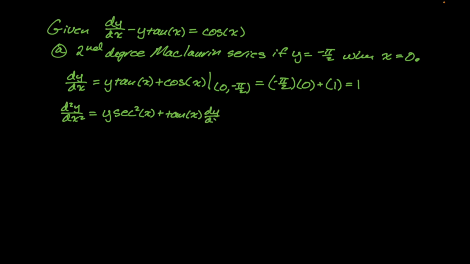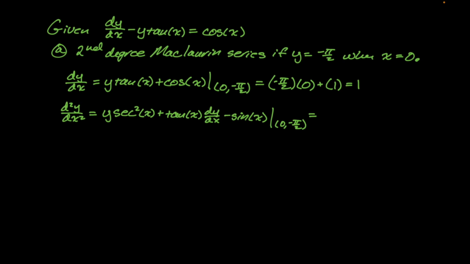The key thing here is we know the value of dy/dx at the ordered pair is 1 because we just found that. So when we go to sub in, we don't have to sub the expression for dy/dx. We can just sub the value of 1. And then don't forget we need the derivative of cosine, which is negative sine. We are going to evaluate this at our ordered pair, keeping in mind that at this ordered pair, we know dy/dx is 1.